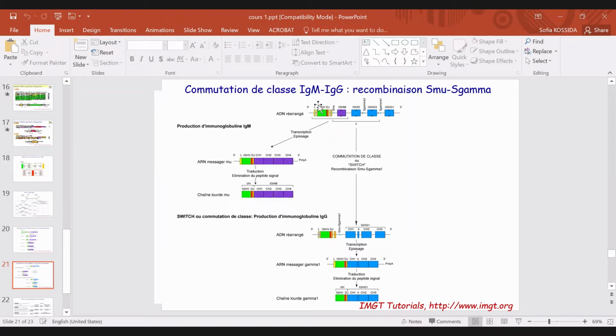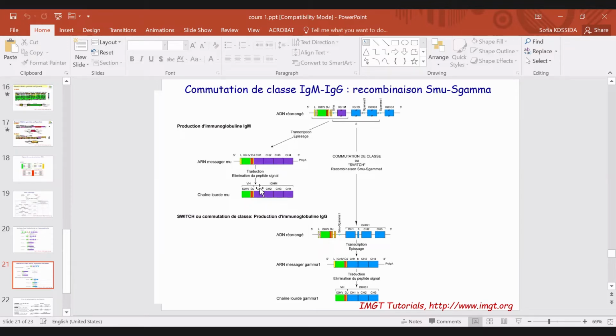So basically you see that the rearrangements have taken place here, and we have the constant region. We have all the constant regions. And have a look at this arrow here. This is straightforward.